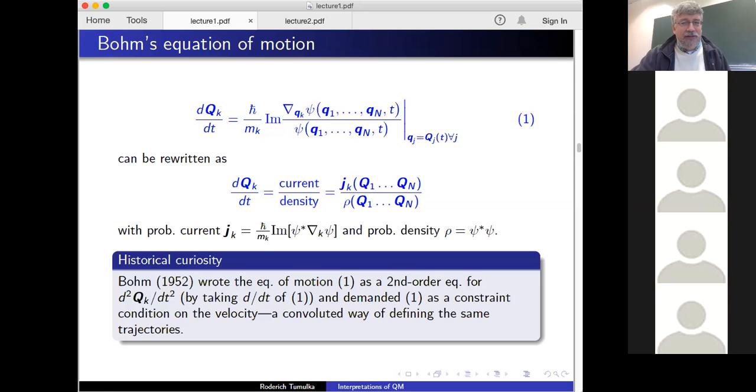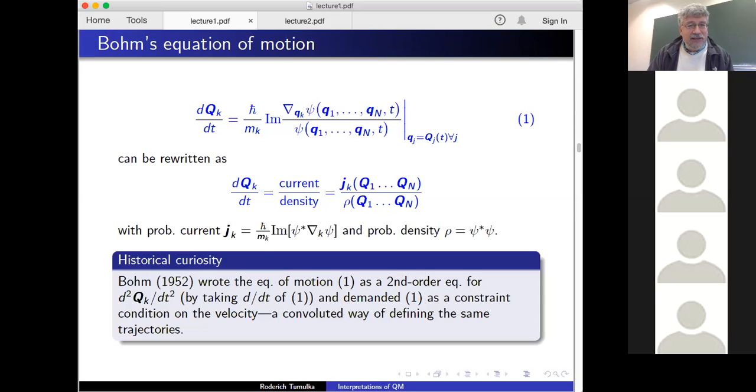So here I have copied again in the first equation what Bohm's equation of motion looks like. Now I rewrite this as current divided by density. Here by density, I just mean psi squared, what is the usual probability density in quantum mechanics according to Born's rule. And the J vector is the probability current, also the quantity usually considered as the probability current.